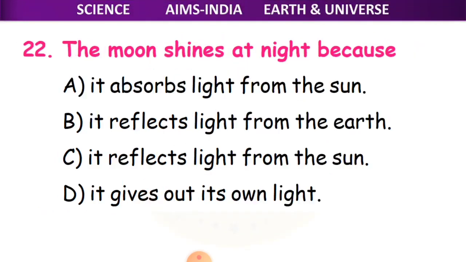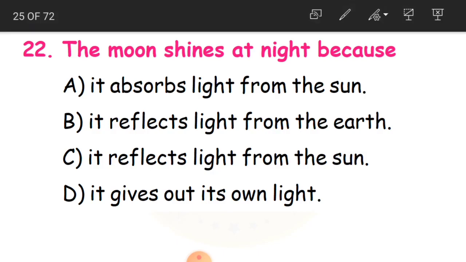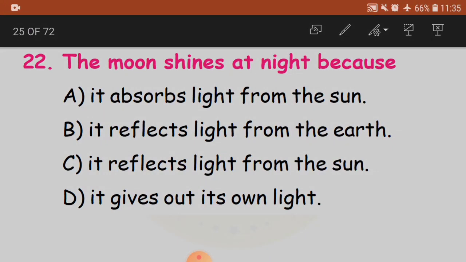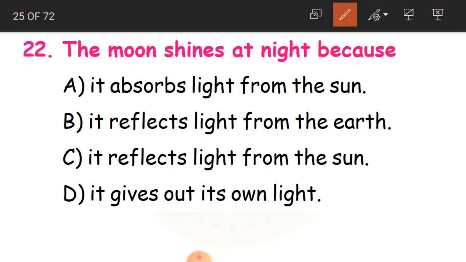Clear? Now the 22nd. The moon shines at night because... Why? A option is it absorbs light from the sun.